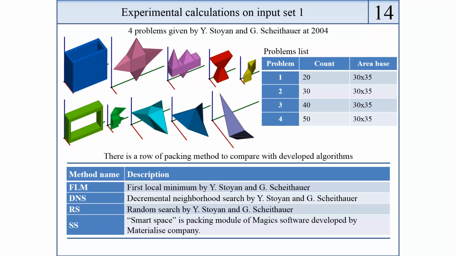Experimental calculations were performed on two sets of input data. The first one consists of 4 problems. It was presented in a paper by Yuri Stoyan and Guntram Scheithauer in 2004. Smart Space, a packing component of Magix software developed by Materialise company, was also used to compare the quality of packing.